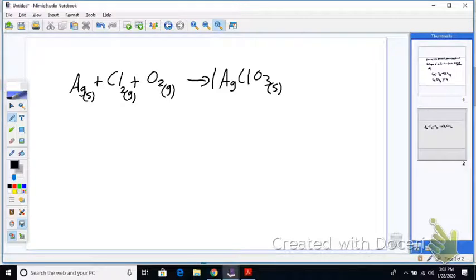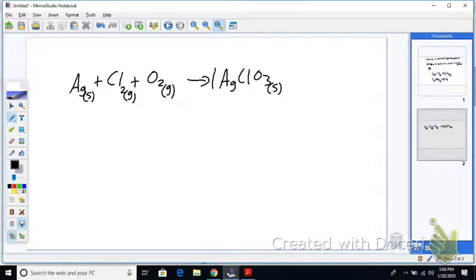So now we're going to do something that you have never done before, and that is use fractions in front of your elements. So Ag, do we need a fraction in front of that to represent the number of moles in that compound? We don't, because we have 1 Ag. Do we need a fraction in front of Cl2 to get 1 Cl over there?